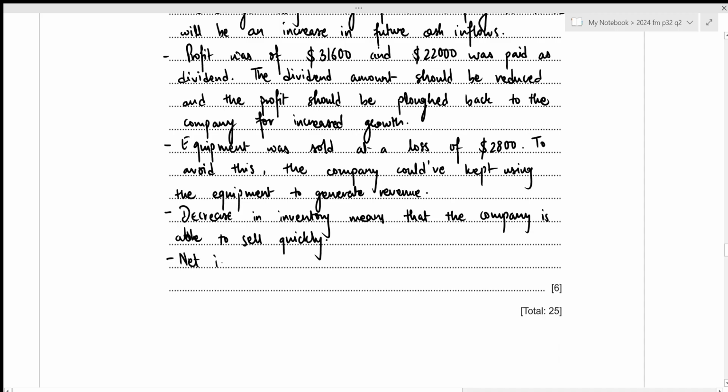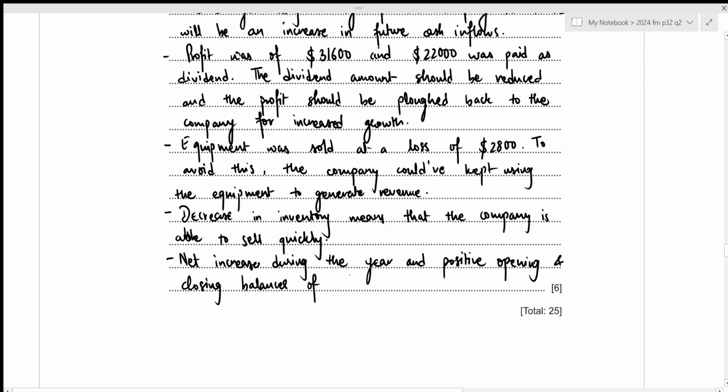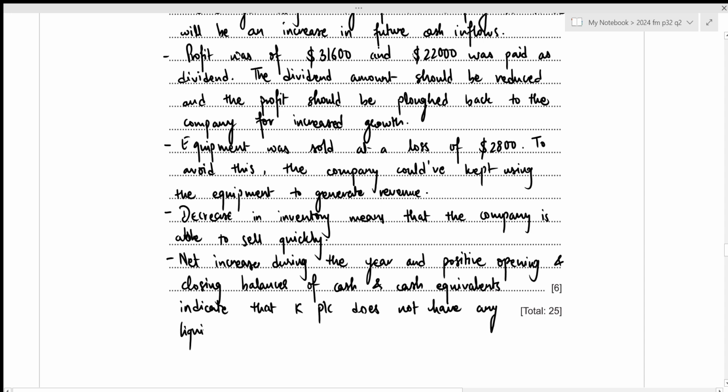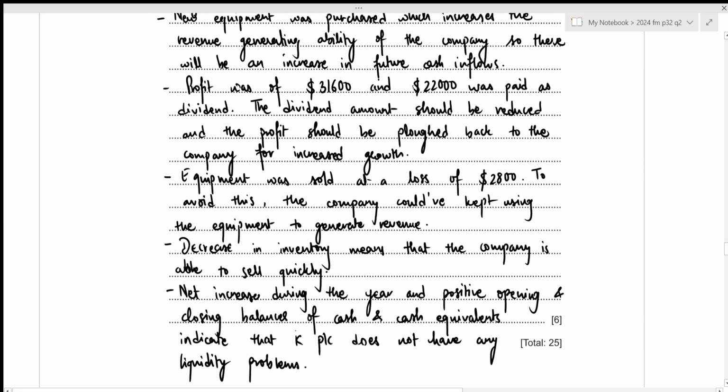So net increase during the year and positive opening and closing balances of cash and cash equivalents indicate that KPLC does not have any liquidity problems. Okay, that will be all for the second question.